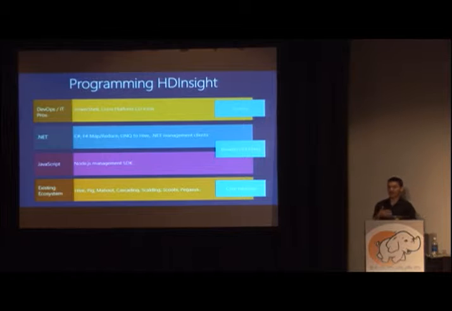JavaScript and .NET are two of the things we've been working on to extend Hadoop to more developers. Our thinking is that it's better if we have more folks who can develop on Hadoop. That's going to create more innovation in Hadoop. It means that you don't have to make a language choice in terms of adopting Hadoop. You can use the skill set you're after, and you can get going.